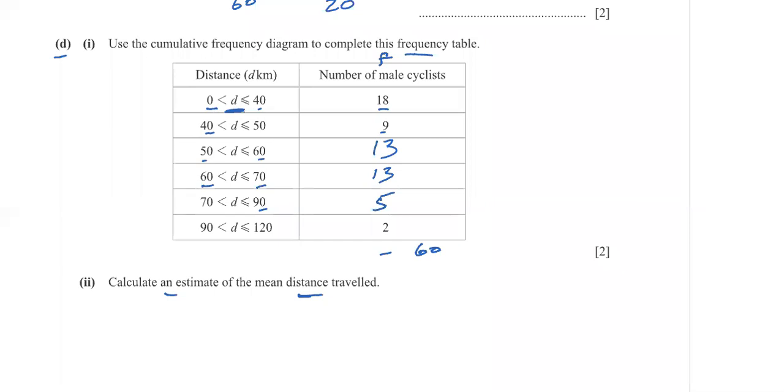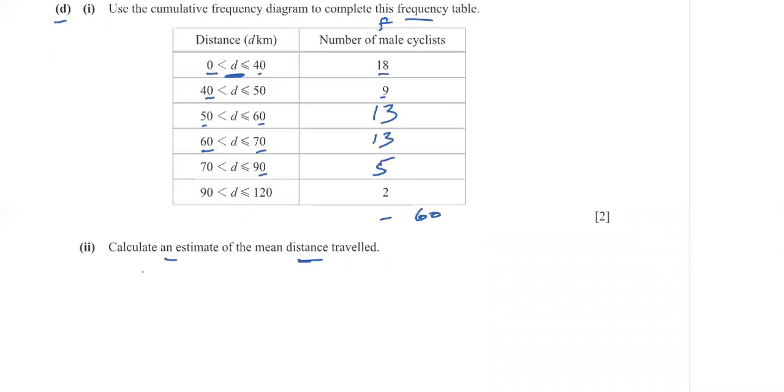To find the mean, it is always better to make a table. First write the table here. How many groups do I have? 1, 2, 3, 4, 5, 6. The data is distributed into 6 groups.